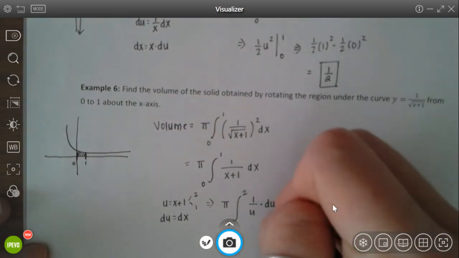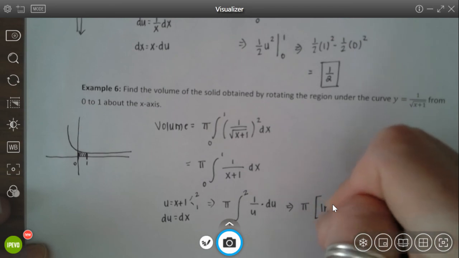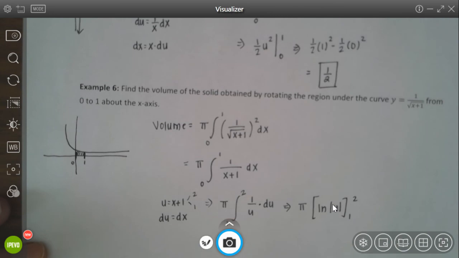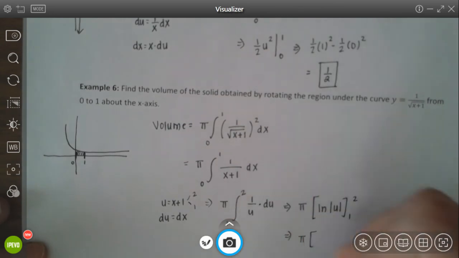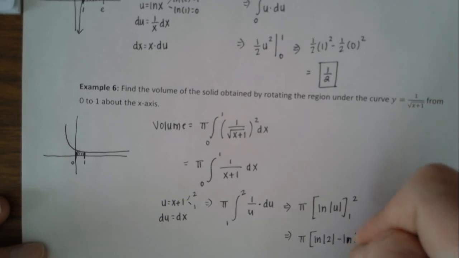So if I go ahead and do that antiderivative, that's going to be pi times the ln of the absolute value of u, evaluated from 1 to 2. And then using the FTC, that's going to be pi times the ln of the absolute value of 2 minus the ln of the absolute value of 1.